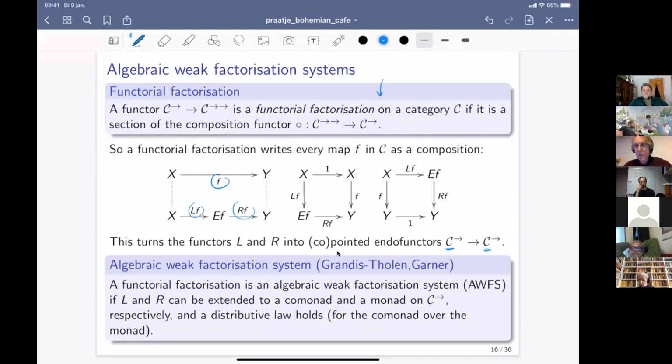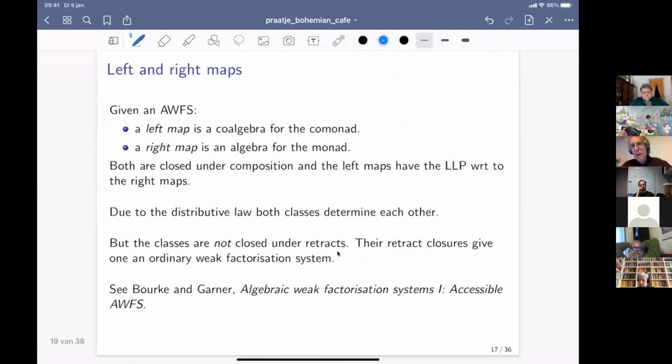Then Richard Garner suggested adding a distributive law for the comonads over the monads, and I think that's a good idea, and we follow him in that. Once you have such an algebraic refactorization system, you get two classes of maps.